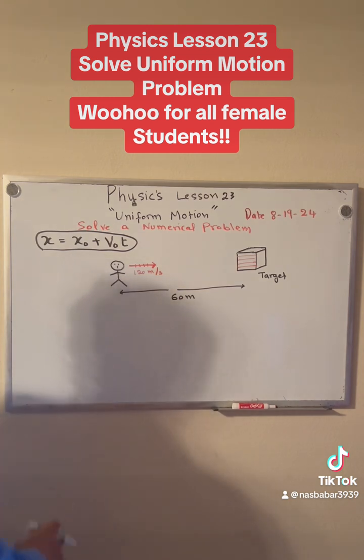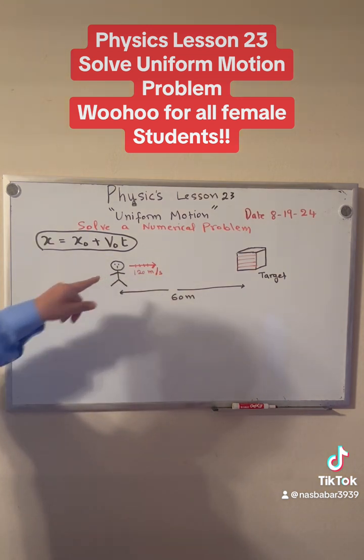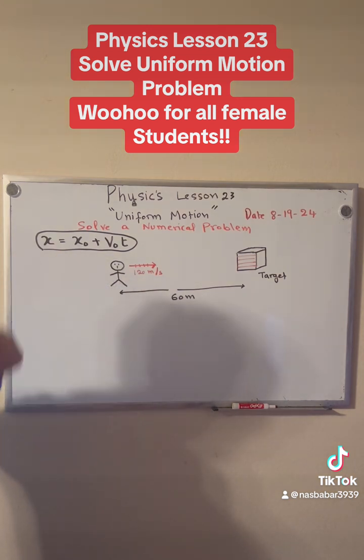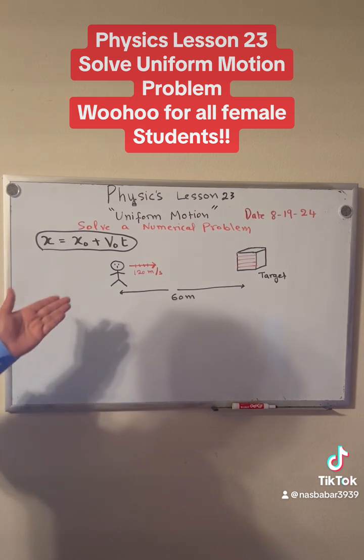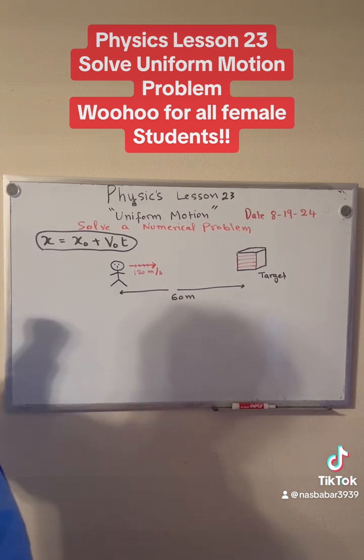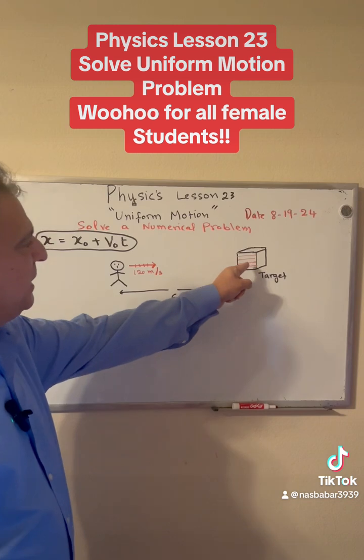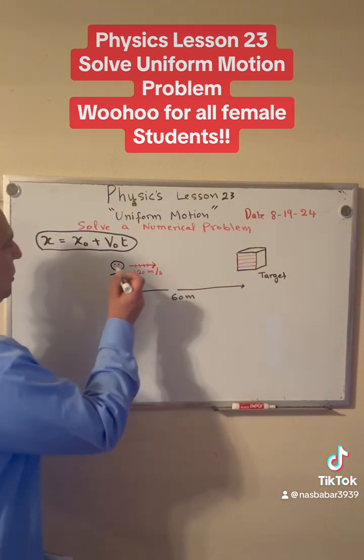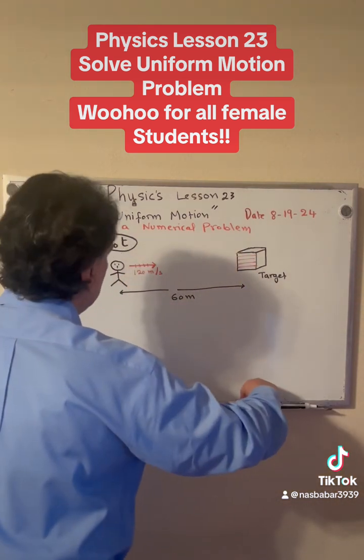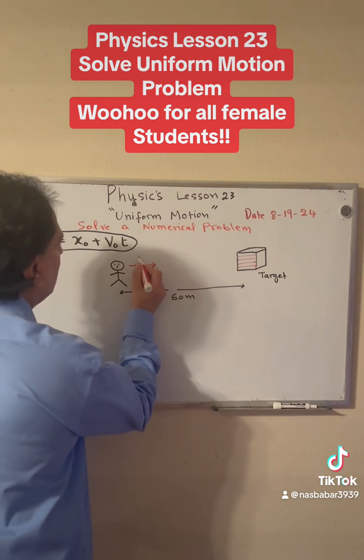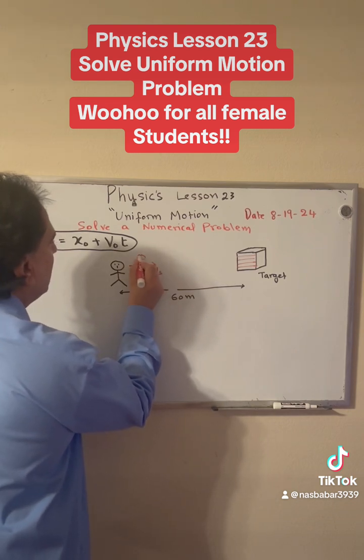Anyway, this is a picture right here, a baseball pitcher or a cricket batsman or some sort of person who's hitting the ball, and hitting this target right here. So this person is hitting this ball. Let me draw a ball right here.